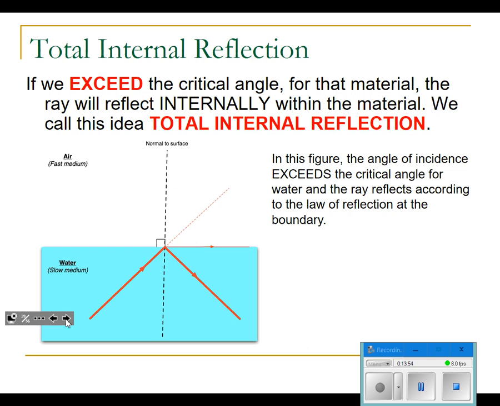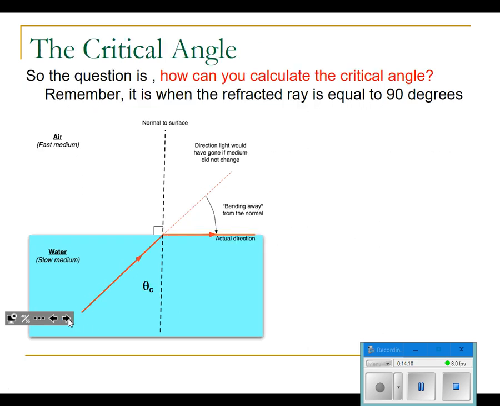So that's one of those quality things that you look at. And in your notes, this is under the TIR section, by the way. So, yeah, right here, I've now exceeded this critical angle, so the ray is going to come back into the boundary, or come back into the substance.